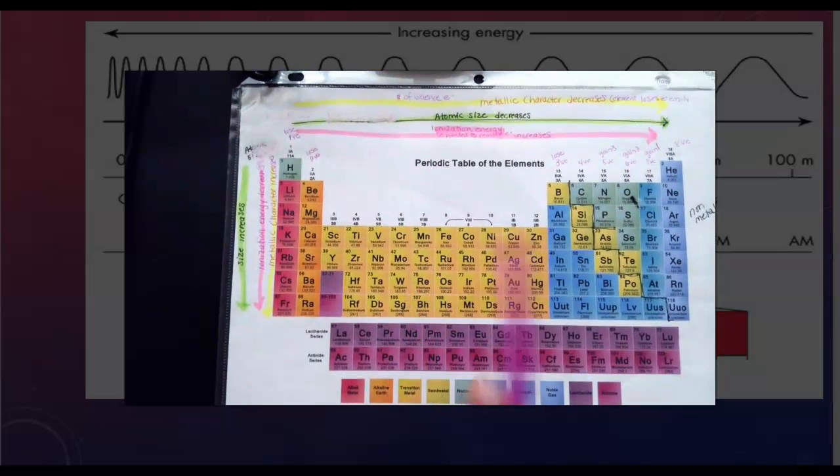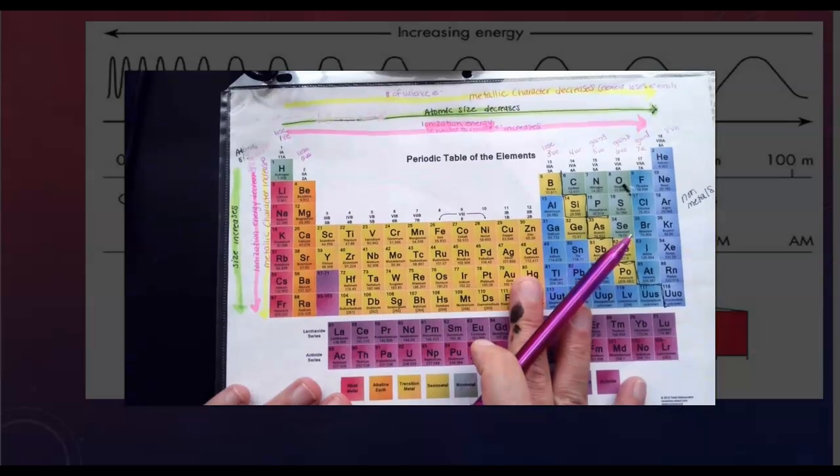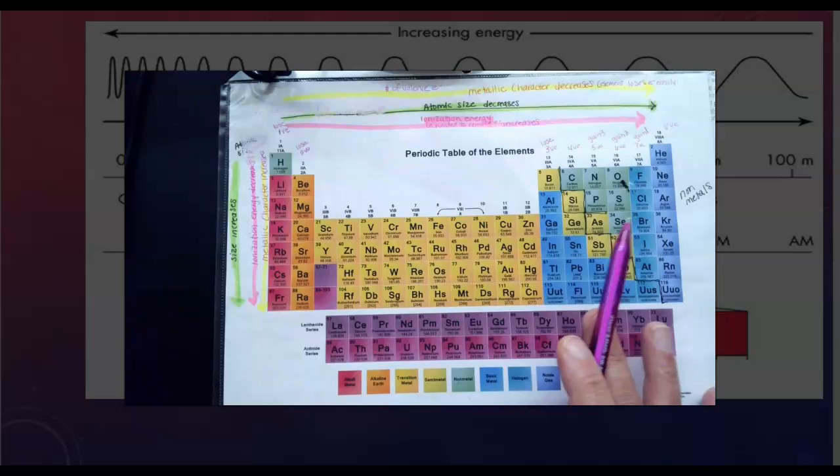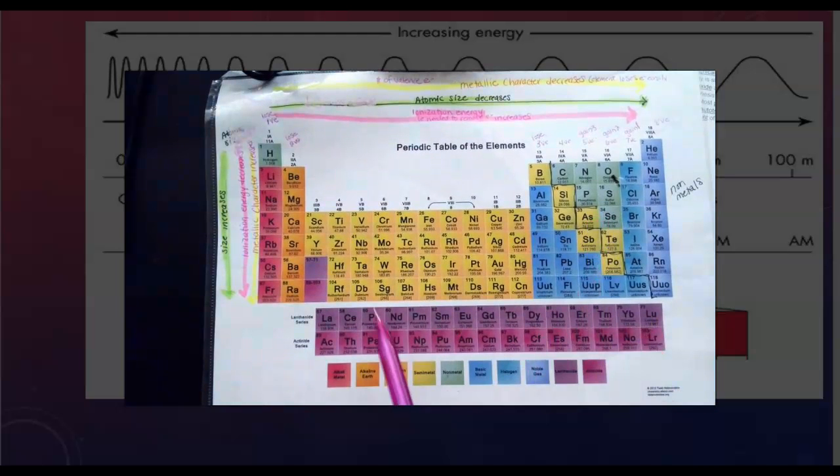So print out a periodic table for yourself and start making notes on it so that, again, when you're taking your test or you need to refer back to it, it's organized in a way for you to understand.